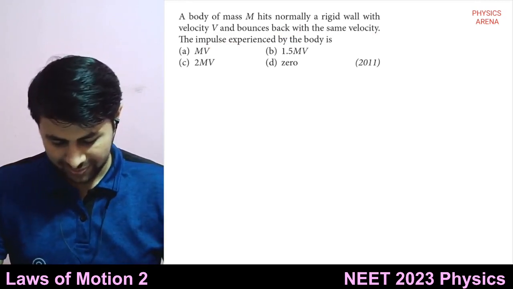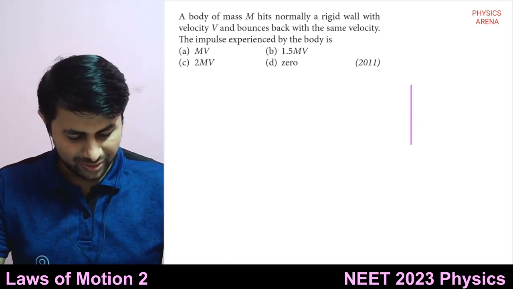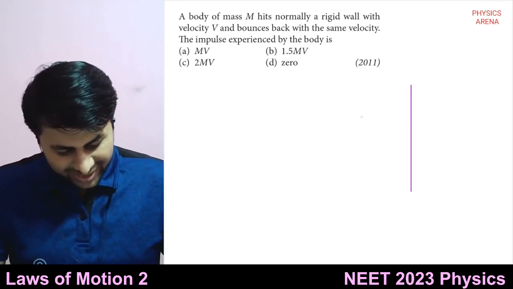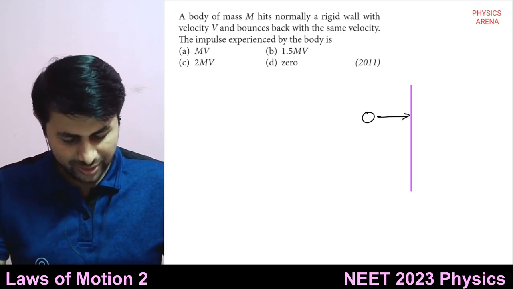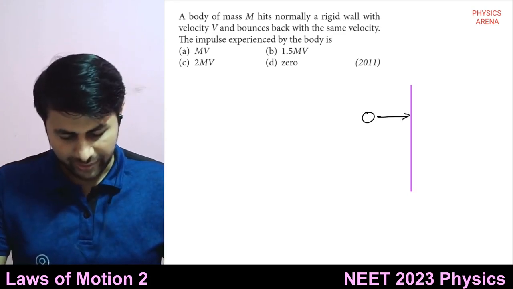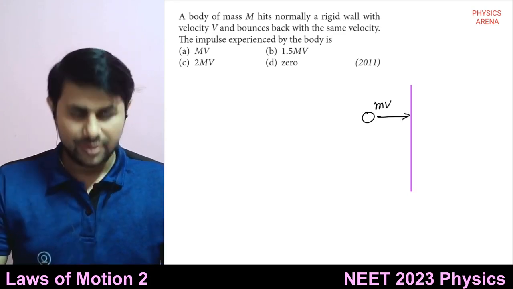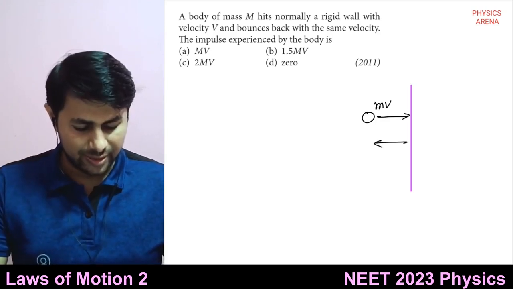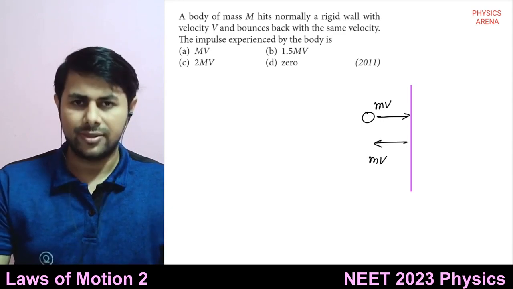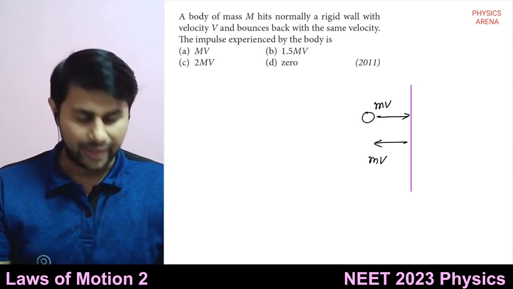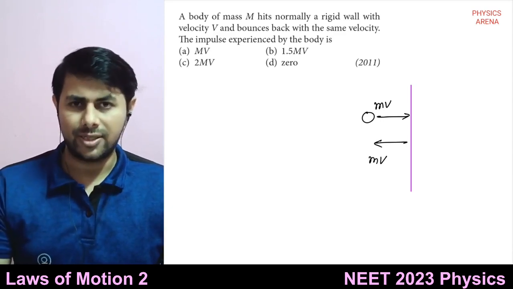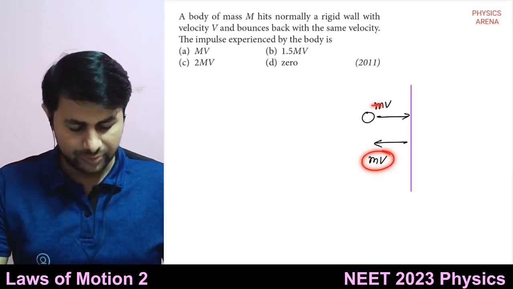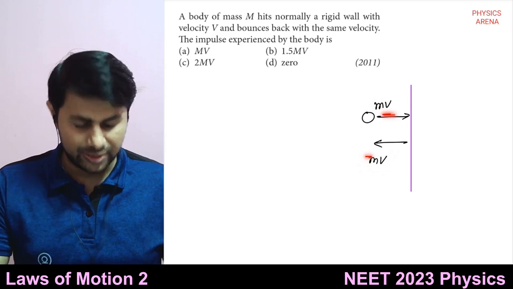Okay, this is simple. You have a rigid wall, and a body hits this wall with some speed v. Its momentum is mass times velocity, and it bounces back with the same velocity. So the final momentum is also the same, but in the reverse direction. You call this one positive and this one negative.